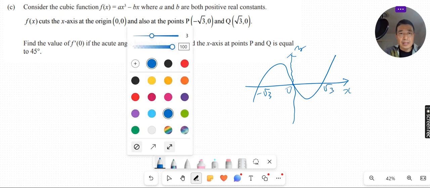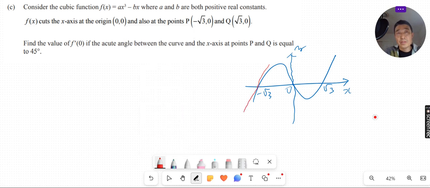So what it's saying is the gradient of the curve, that means the gradient of the tangent here, is 45 degrees. The gradient is 1, isn't it, at that moment? So same here, because it says the acute angle is 45 degrees, meaning the gradient is 1.